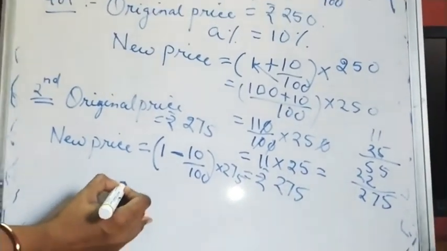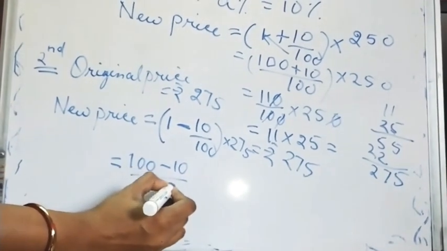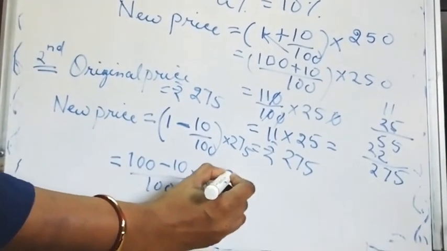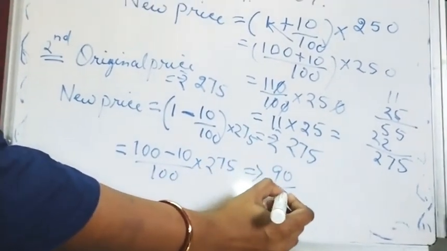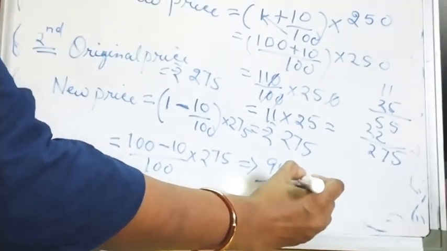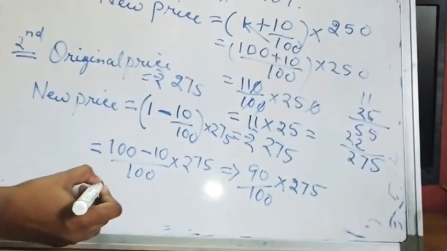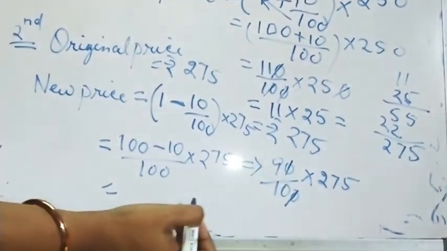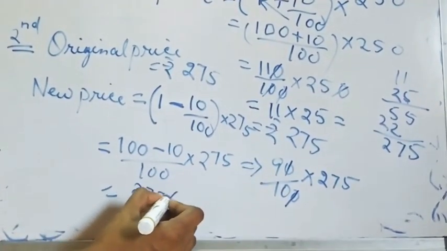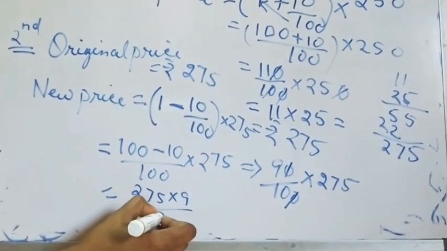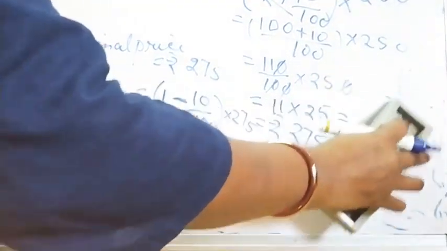This gives us 100 minus 10 upon 100 into 275. So this gives us 90 by 100 into 275. When we cancel the zeros, we get 275 into 9 upon 10. Let us multiply this.